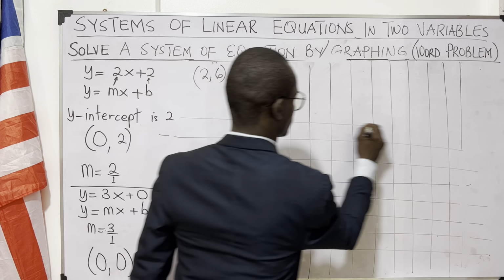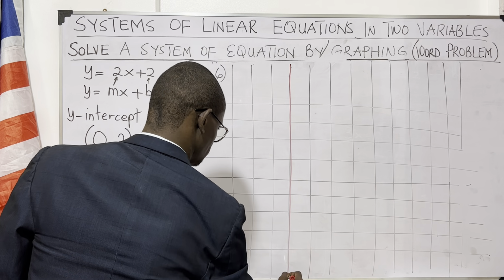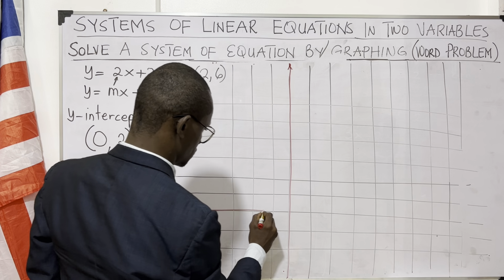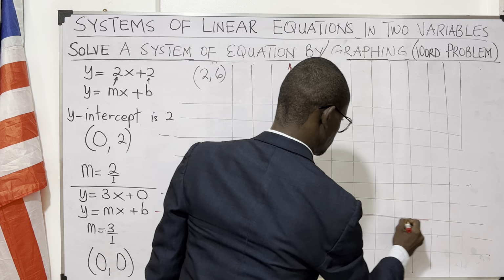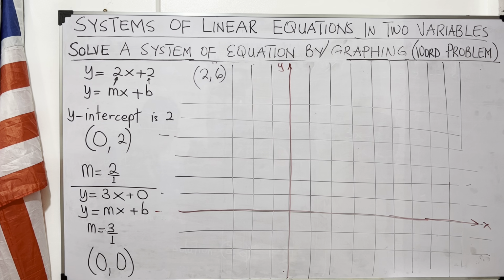Okay, so we're going to use this one now. Let's say this is the coordinate system. There's X, there's Y. So let's plot now.